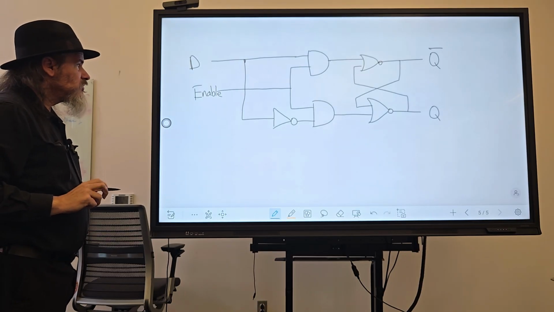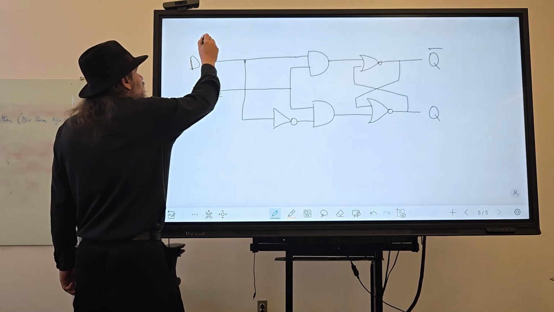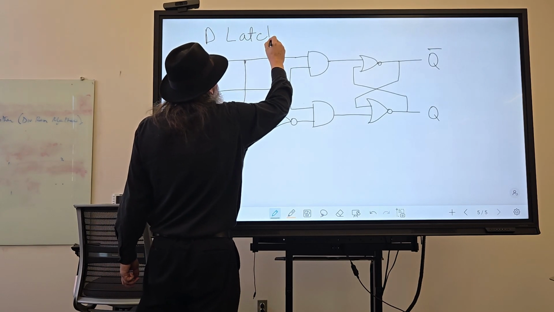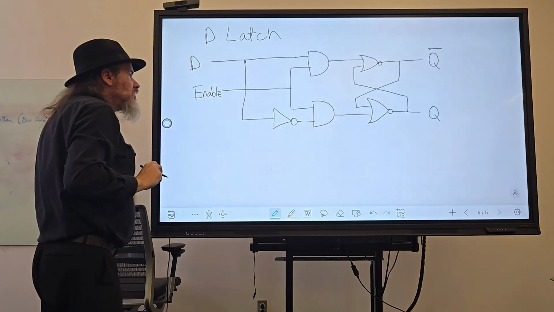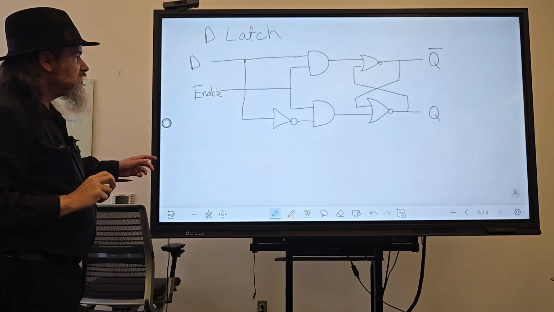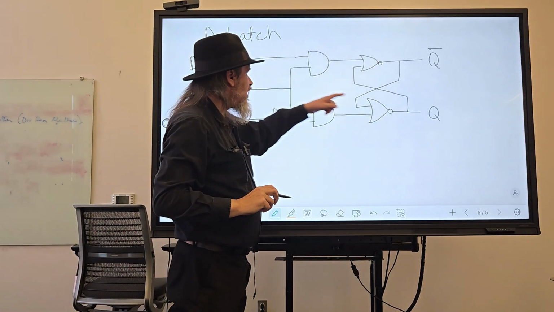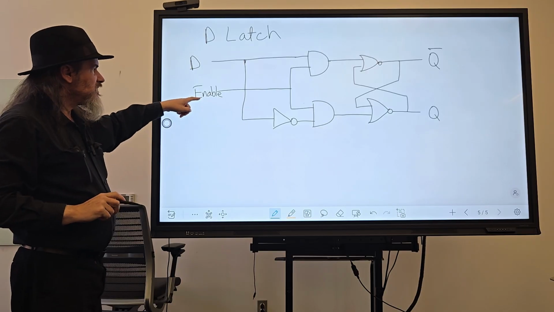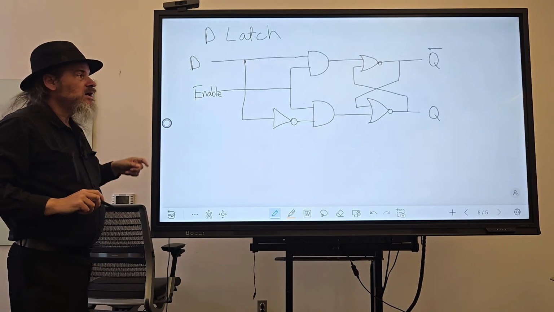All right, so this is a D latch. Basically, the Q follows D whenever the enable is high.